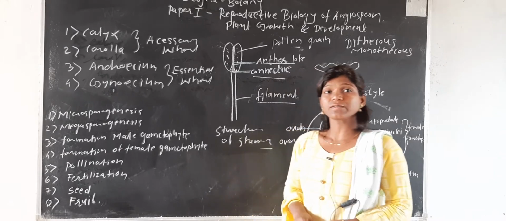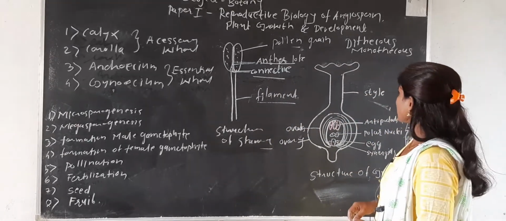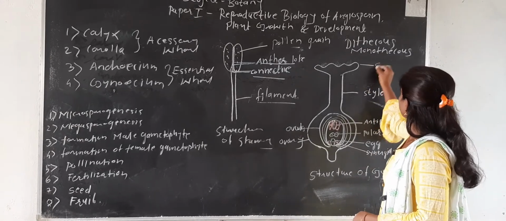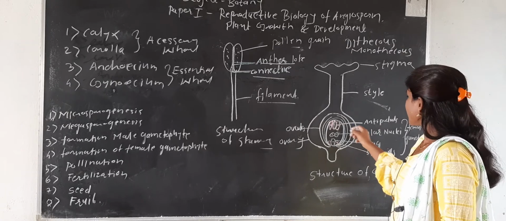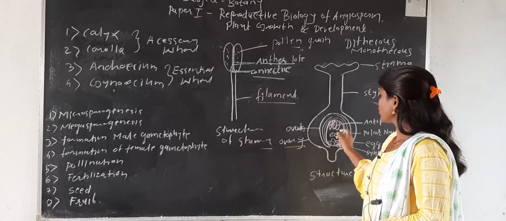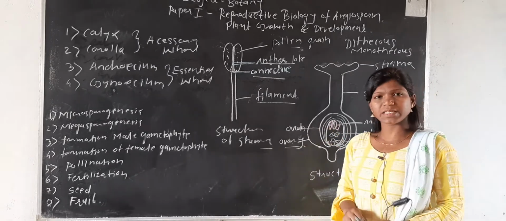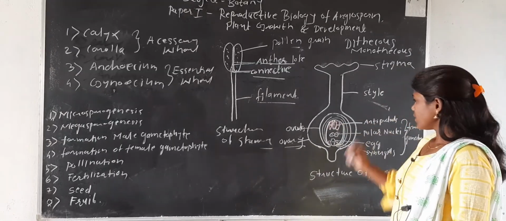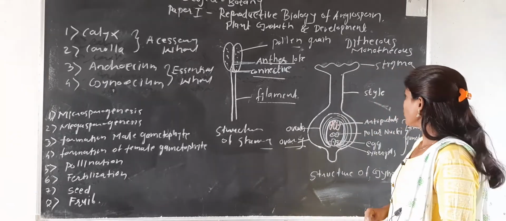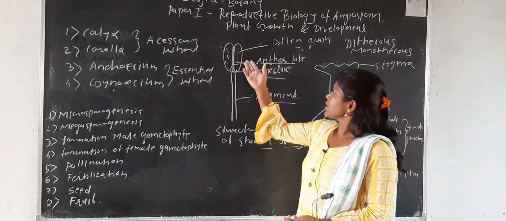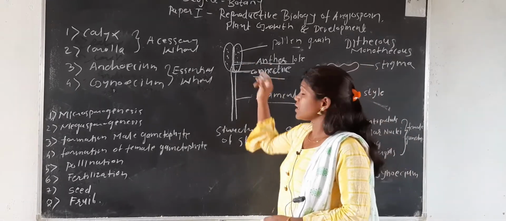Okay. Then after that, let us see the structure of the gynoecium. It is made up of stigma, style, and ovary. Okay. Inside the ovary, ovules are present. So these are the standard or typical structure of the gynoecium. Okay. So what happens when the pollen grains mature inside the anther lobe?